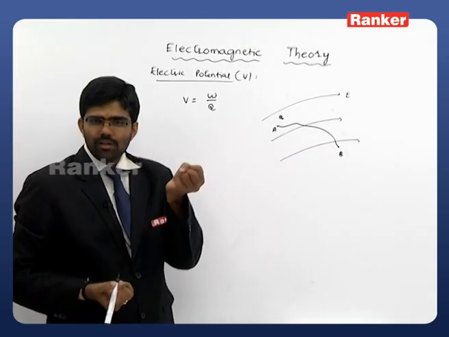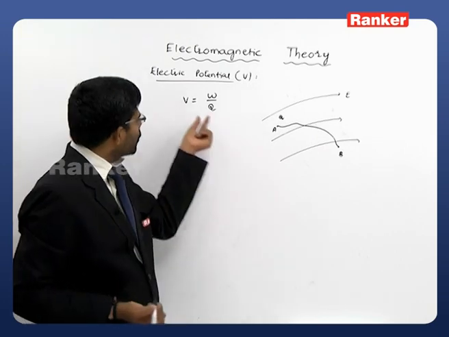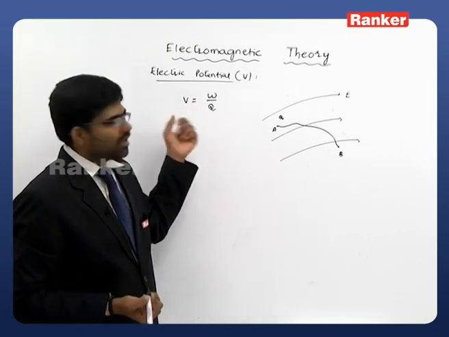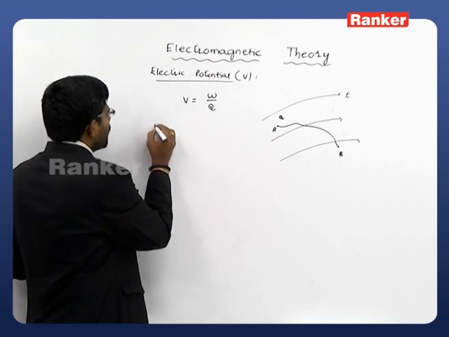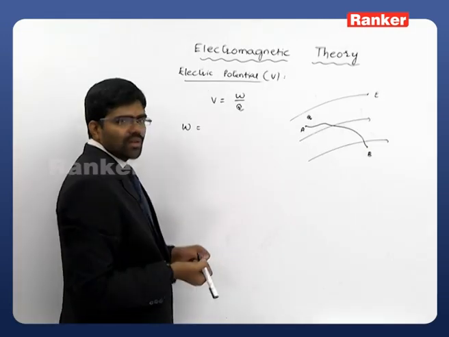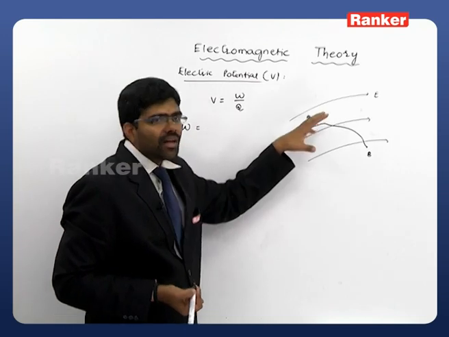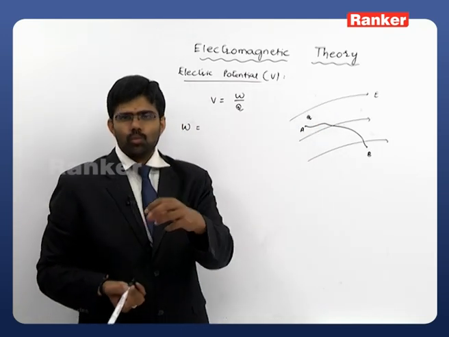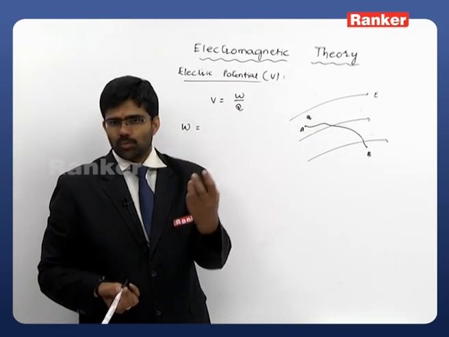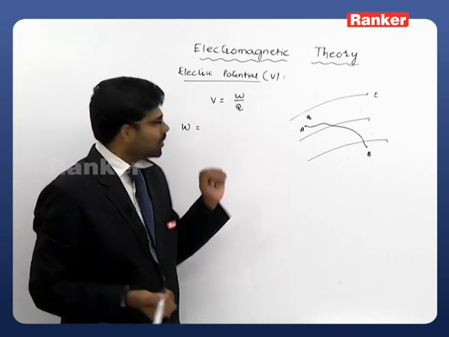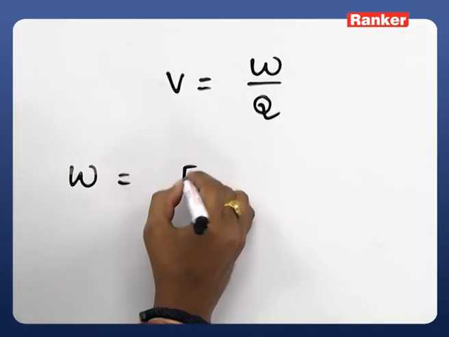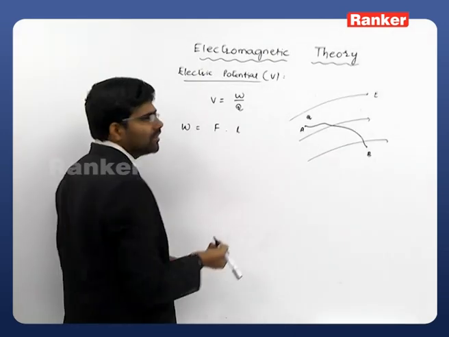If you take the work done and divide it by the charge, we get some quantity, right? Now how can the work done be calculated? The work done can be calculated using the force applied on the charge and how it was moved, which is nothing but force into displacement, that we already know. So the work done is equal to force into displacement L.